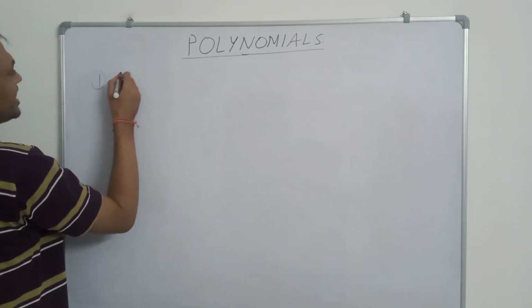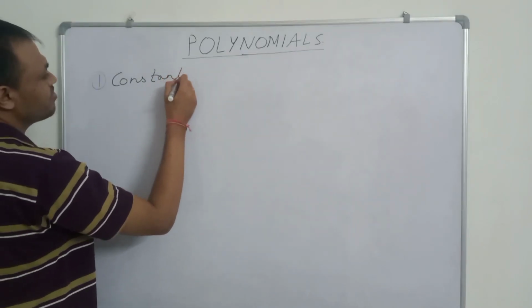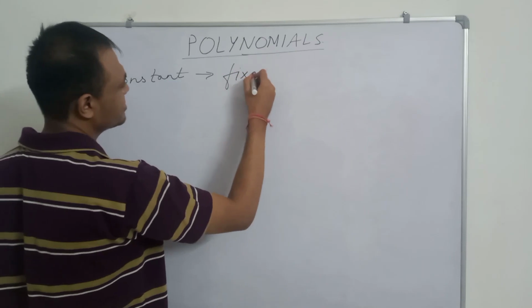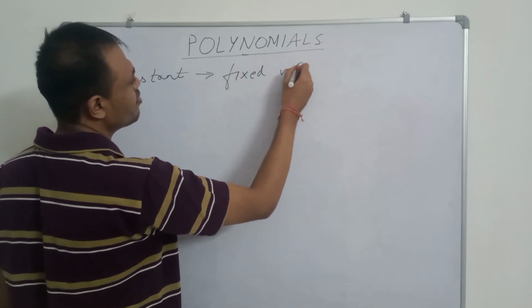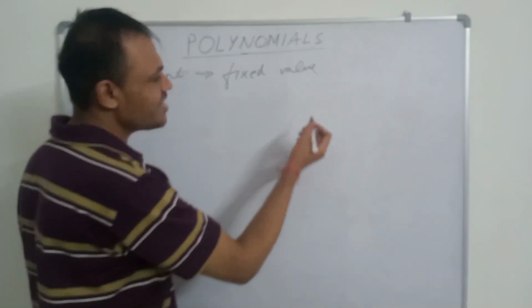A constant is defined as something which has a fixed value. So constants have fixed value.